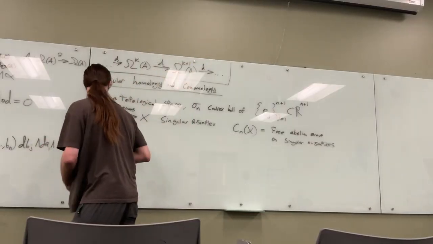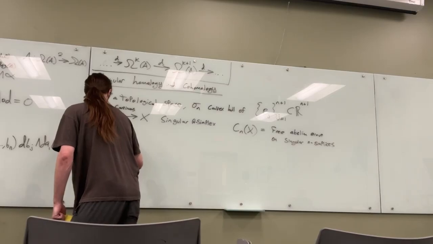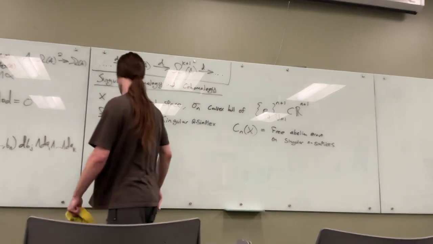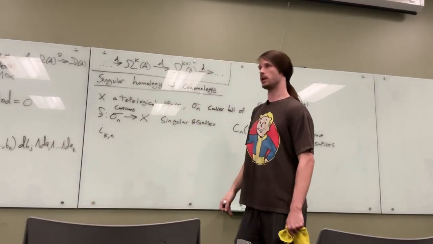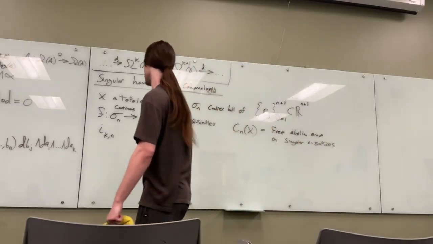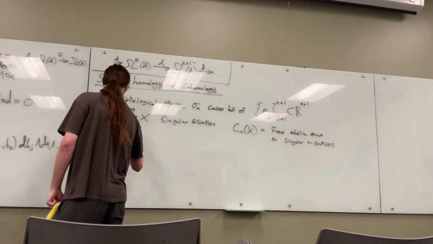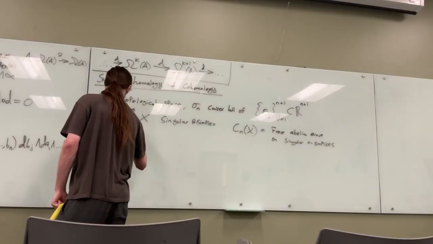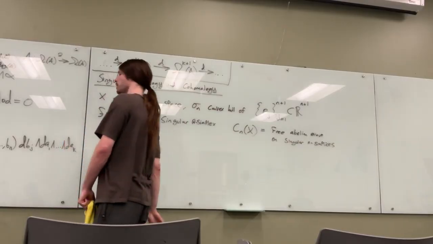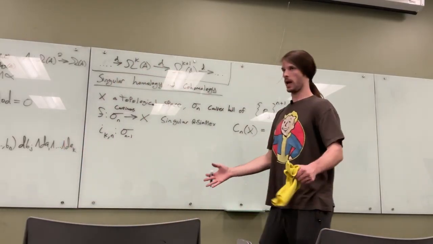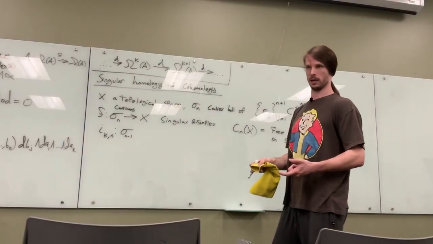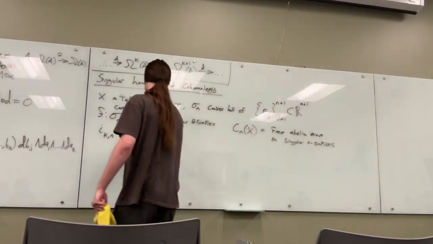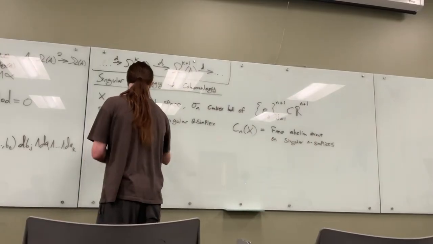So do k and n. All right. So this map is going to be the inclusion of the kth face into the singular n simplex. So it'll be from the n-1 simplex, since every single face of an n simplex is an n-1 simplex. Here.